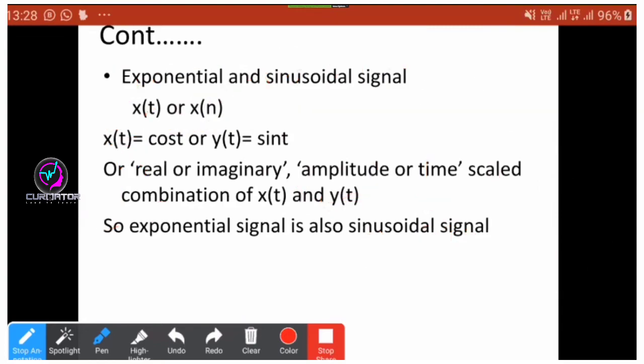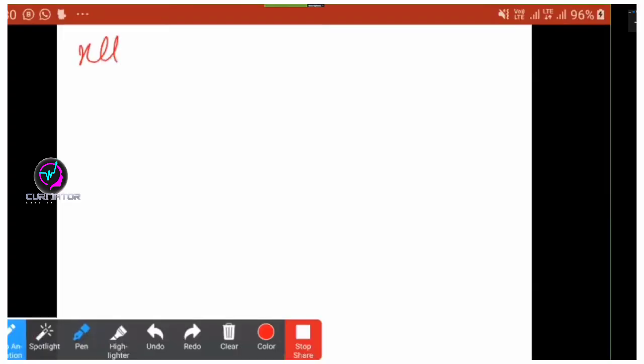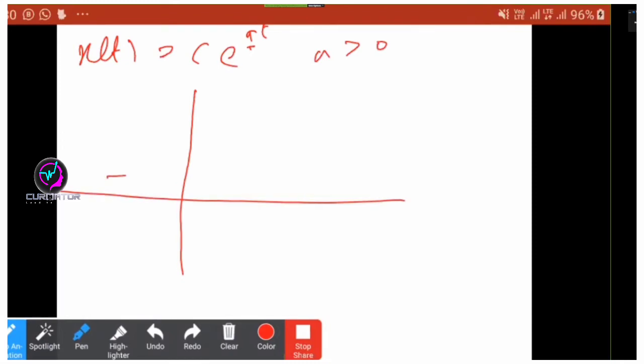Let us discuss this. X of t is equal to c e power at. We know this signal, it is a very familiar signal for all of us, I hope. If the value of a is greater than 0, then our signal will be an increasing exponential, and this intercepting point will be c.